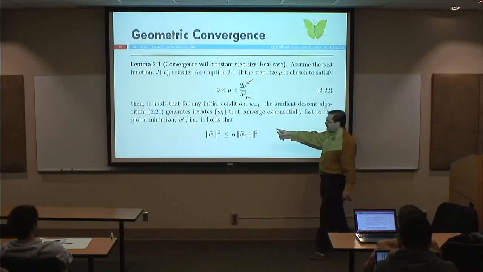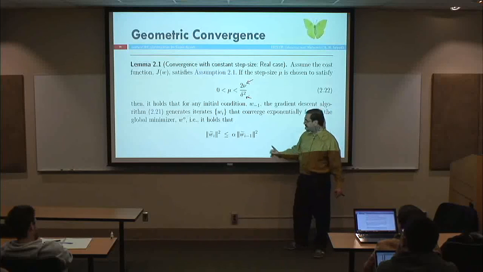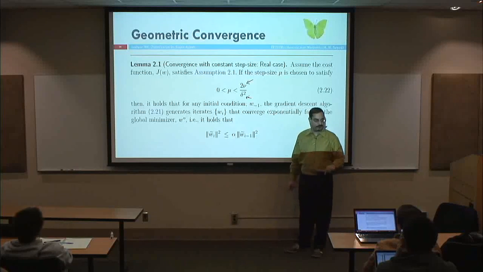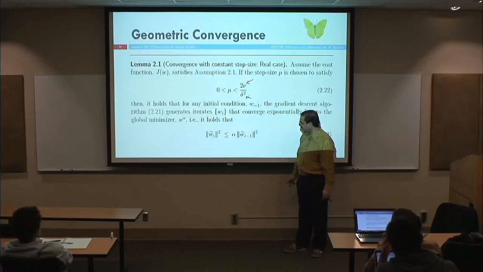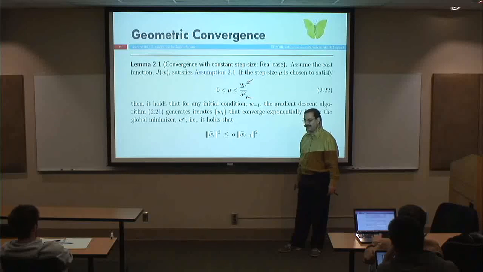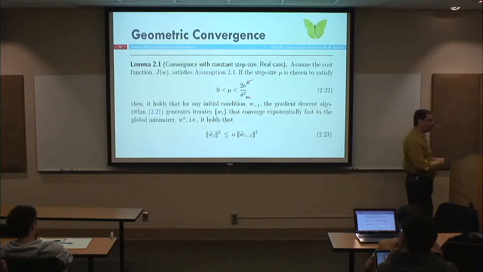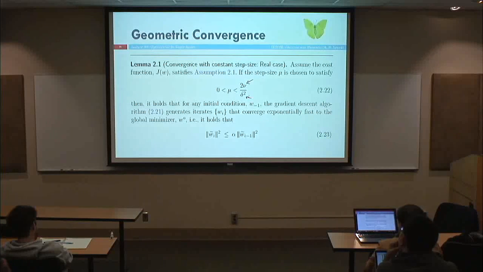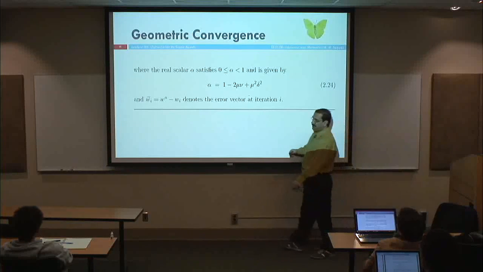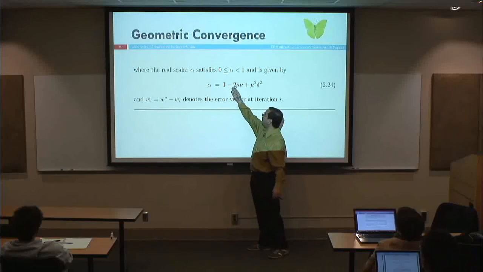The squared norm converges exponentially fast, where this alpha will be strictly less than 1. I'll give you the expression for it in the next slide. So this tells you that the squared norm, the energy, is decaying exponentially fast. And what is the expression for alpha? So this is the lemma. It requires proof. The expression for alpha is 1 minus something.